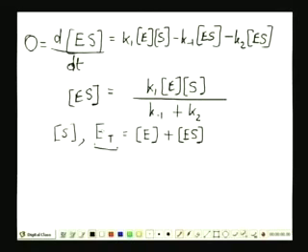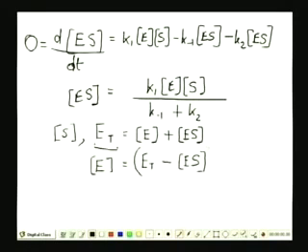Okay. So, now if I change the expression and instead of the free enzyme concentration, I write ET minus ES, I can write this for the free enzyme.